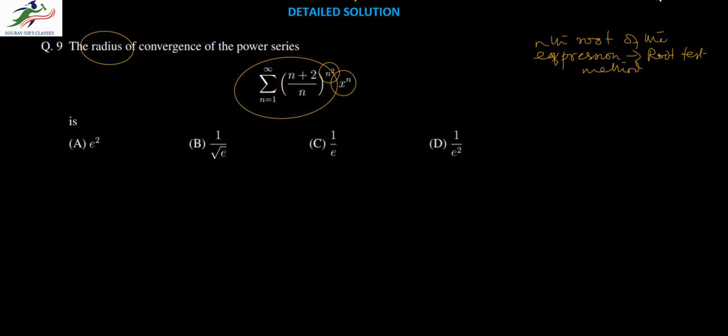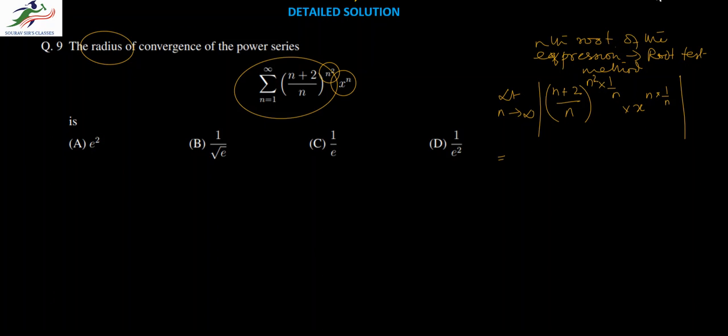So this would reduce to limit n tending to infinity mod of (n plus 2 over n) whole to the power n square into 1 by n, because I am taking the nth root, multiplied by x to the power n multiplied by 1 by n.